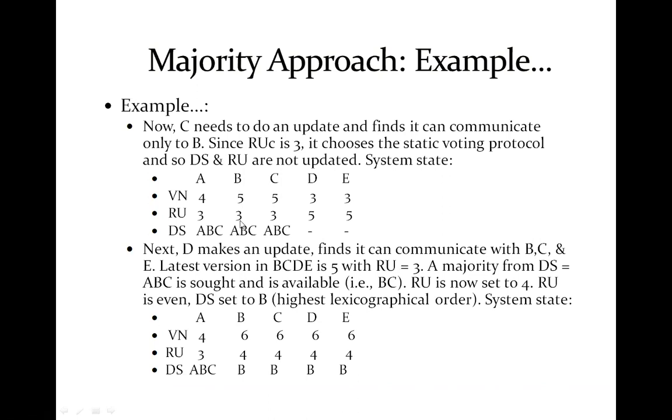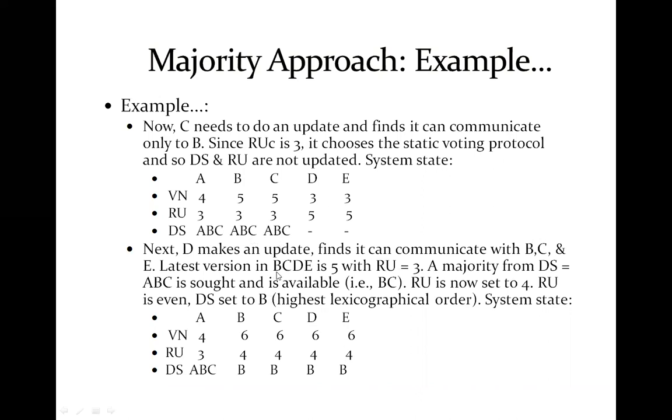And it also knows that RU is already 3. So a majority from DS, the majority from DS means the ABC. The majority has to be asked from this partition set, that is ABC. And this ABC is available.